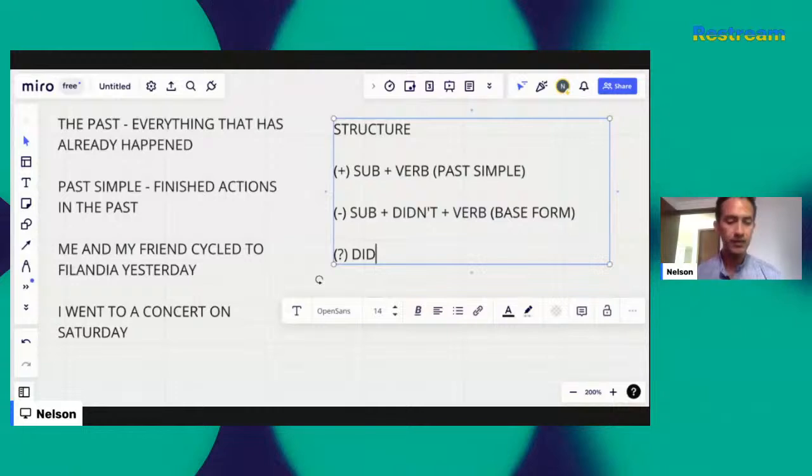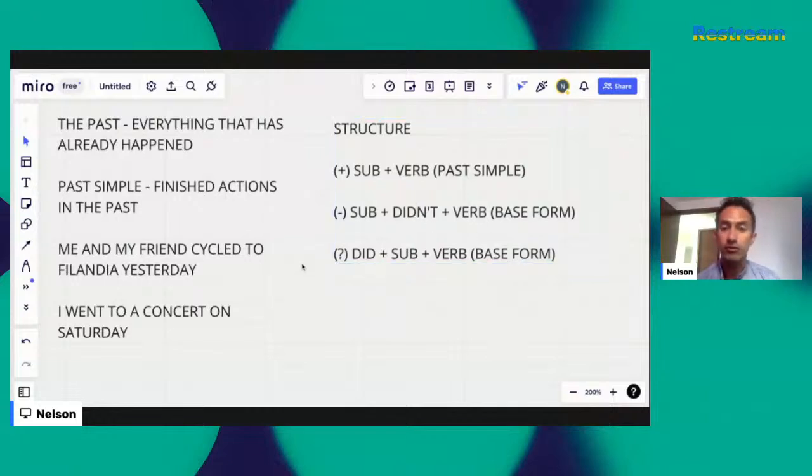The question, and then of course the subject and the main verb in base form. Remember this. This is very, very important. Every time that we use an auxiliary, the verb will go in its base form.